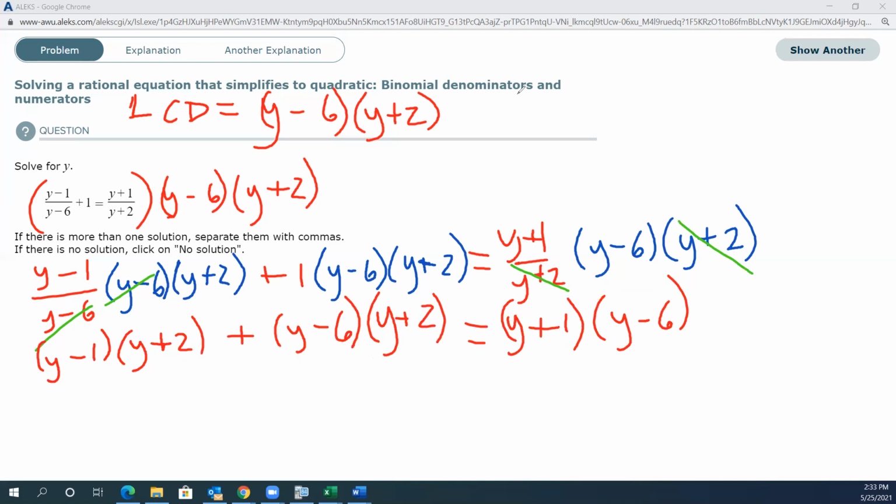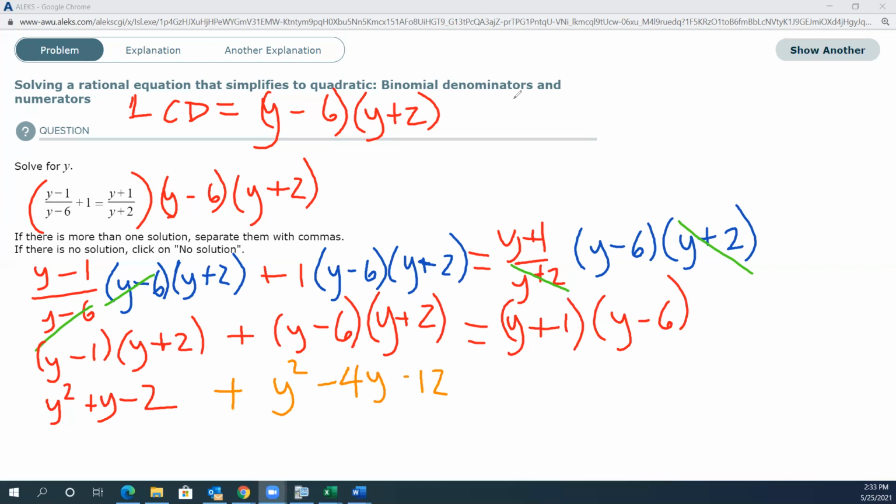If you multiply them out the long, correct way, we'll get y squared plus 1y minus 2. And then when I multiply these out, I get plus y squared minus 4y minus 12.